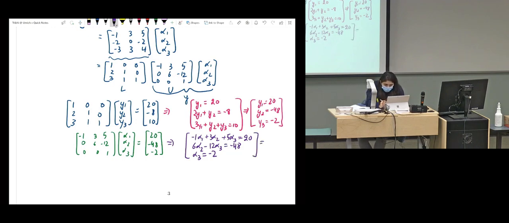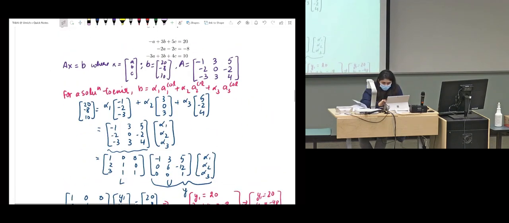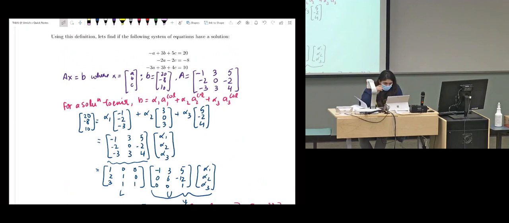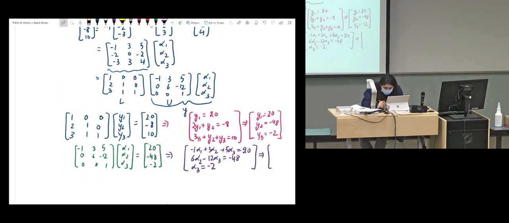And if you solve this, if I'm not wrong, you should not be getting that. It's probably 38, and I wrote it down wrong. That was 15. Let's see what this one gives us.